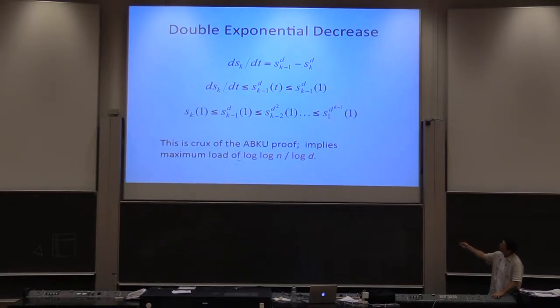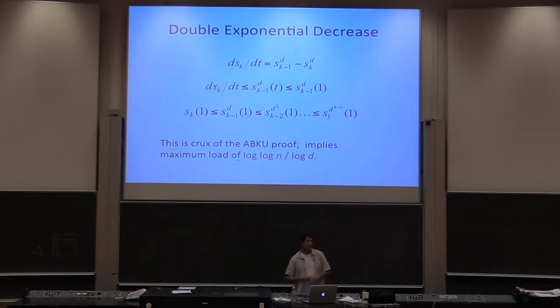And this s_1 to the order log n will be less than or equal to 1 over n. That means that the fraction of bins at time 1 with load at least k will drop below 1 over n. That is, the fraction of bins is going to be 0. So what this tells you is that the maximum load has to be log n over log d, because that's the point where this value is going to drop to less than 1 over n, essentially falling to 0.